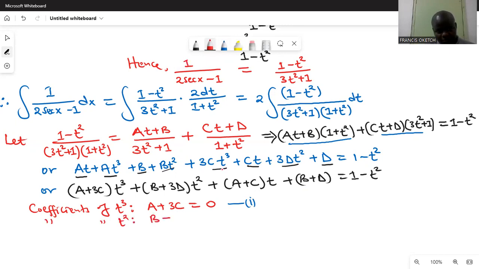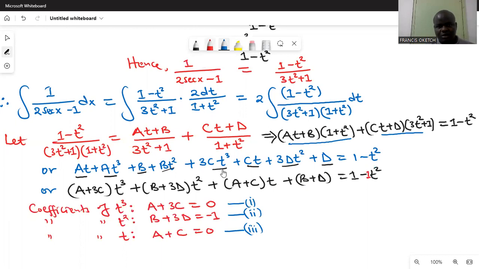It will be b plus 3d equal to -1, the -1 here on the right-hand side. Call this equation 2. Then the coefficients of t, that is a plus c. That should be 0 because we don't have t on the right-hand side. So this is equation 3.